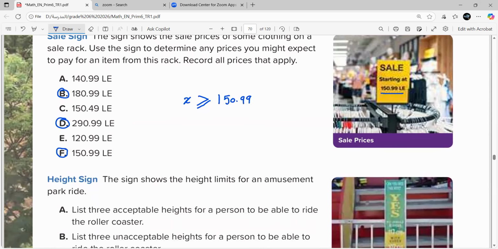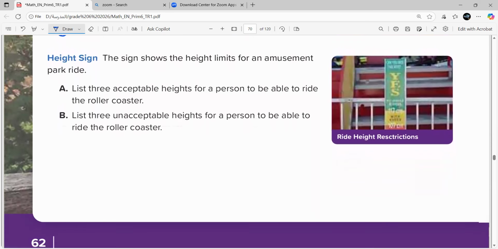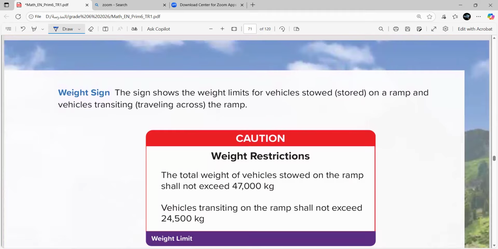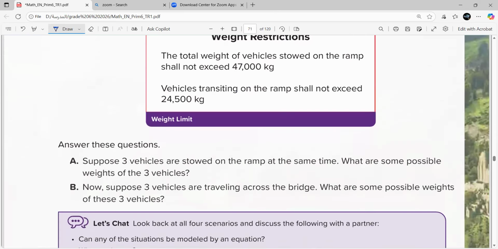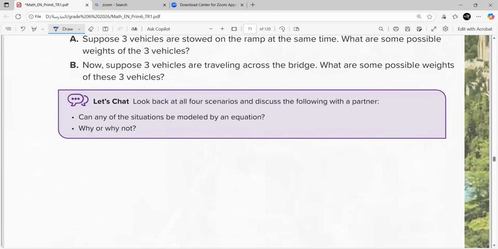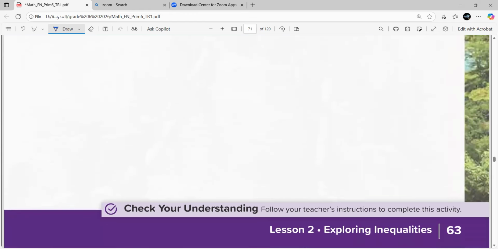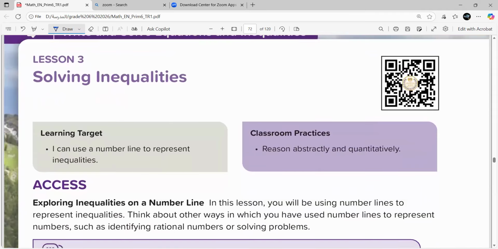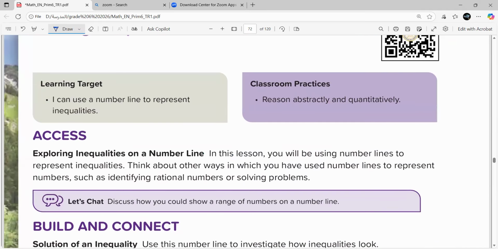Okay, great. Let's move. This lesson is only giving us a concept about the inequality. Let's move to the next lesson, which is lesson 3, solving inequalities. We studied solving equations before. Do you remember?